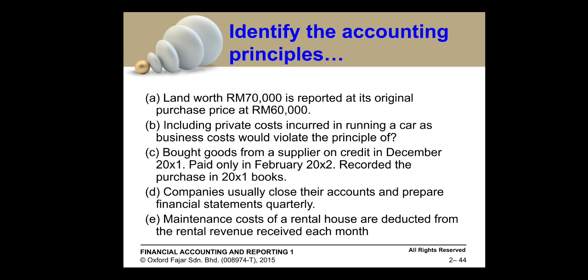C, bought goods from a supplier on credit in December X1, paid only in February X2, recorded the purchase in X1 books. This one is related to the matching principle. C is related to the matching principle.